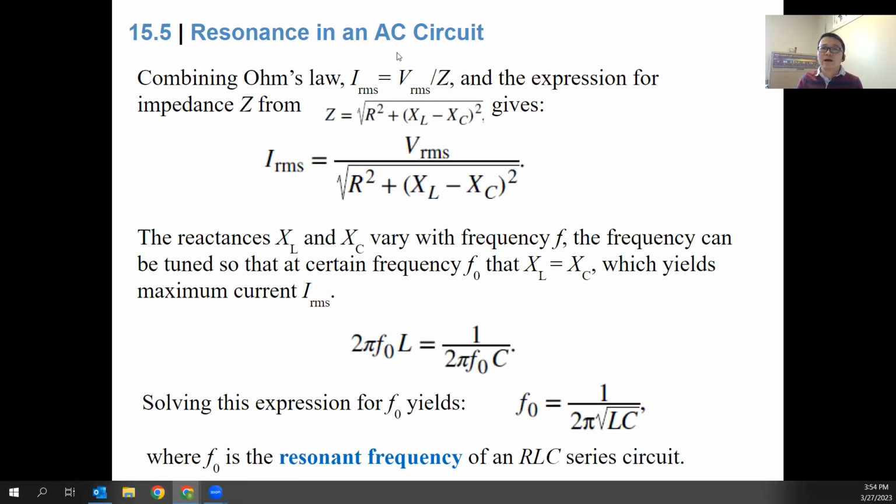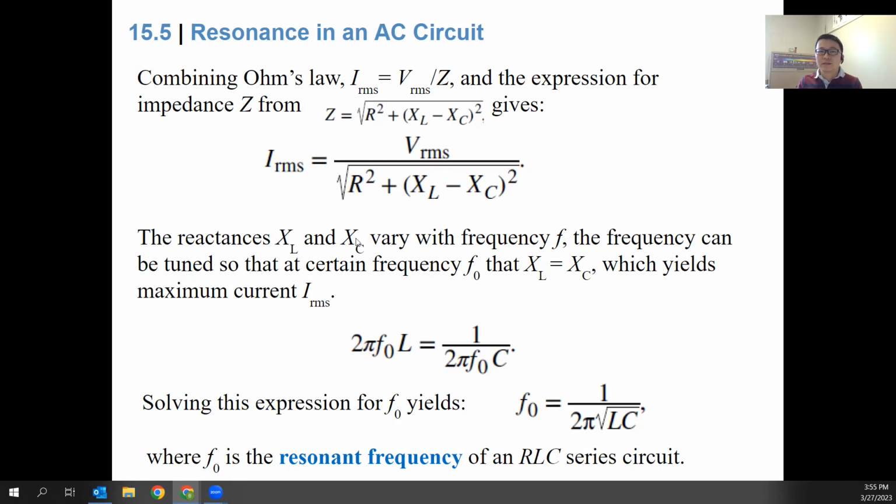So if we have an RLC circuit, then the impedance is equal to the square root of R squared plus (XL minus XC) squared, right? So the RMS current is V divided by Z in that case. Now, in the denominator here, you do see this has a minimum value when these two are equal to each other, so they cancel out. Then it's only V over R. In that case, you get the maximum RMS current, which is called resonance.